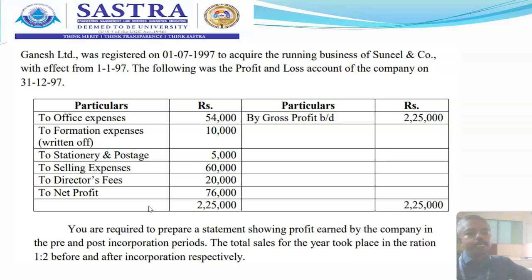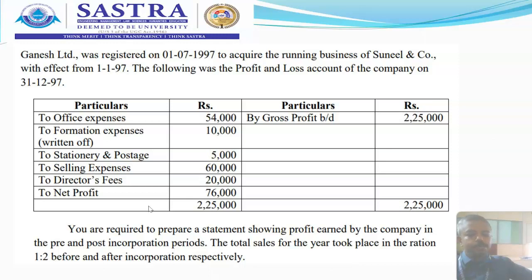When do you make a formation expense? Only at the time of incorporation, only at the time of registration. The company is registered on 1st of July as given in the problem, which means they have spent the amount on 1st of July, which means it happened during the post-incorporation period. Hence, the formation expenses of rupees 10,000 can be allocated directly to the post-incorporation period.